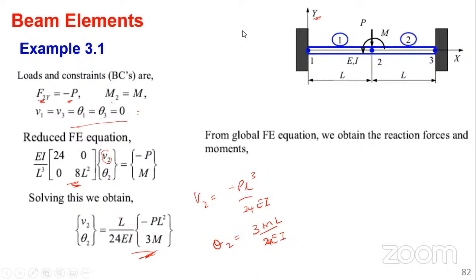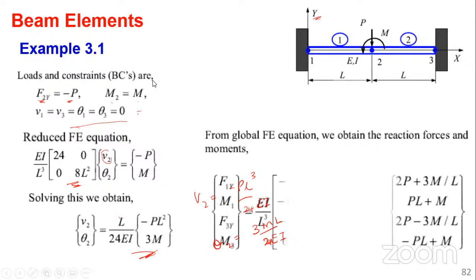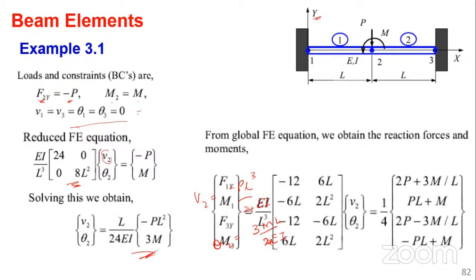So with that now, you can clearly see that we have obtained the nodal unknowns, the nodal degrees of freedom for node 2, V and theta. So we move ahead to evaluate the other unknown quantities.